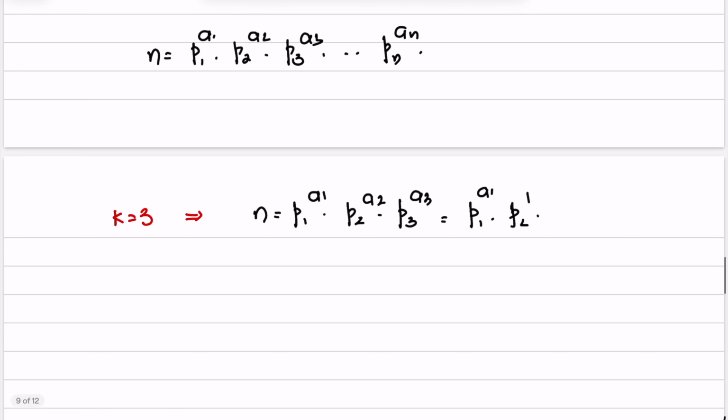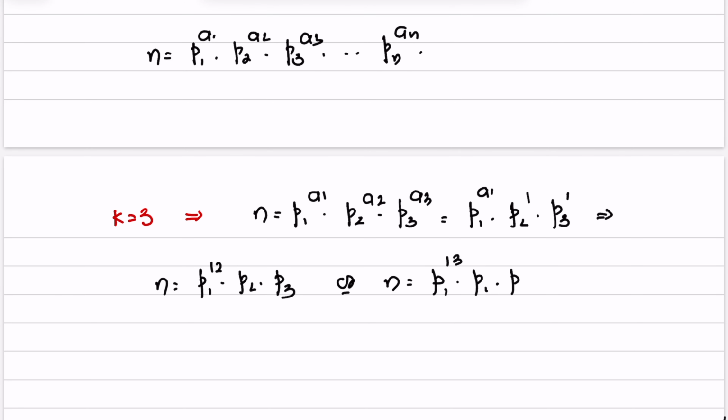Because a2 is 1, by similar logic P3 also 1. That implies n is equal to P1 to the power of 12 into P2 into P3, or n is equal to P1 to the power of 13 into P2 into P3, where P1, P2, P3 are distinct primes. Similarly, for k is equal to any value.